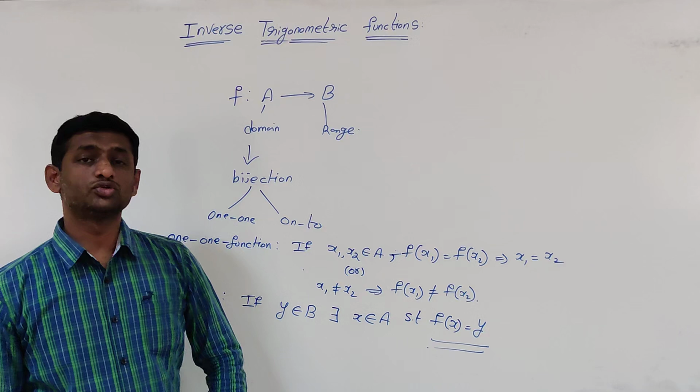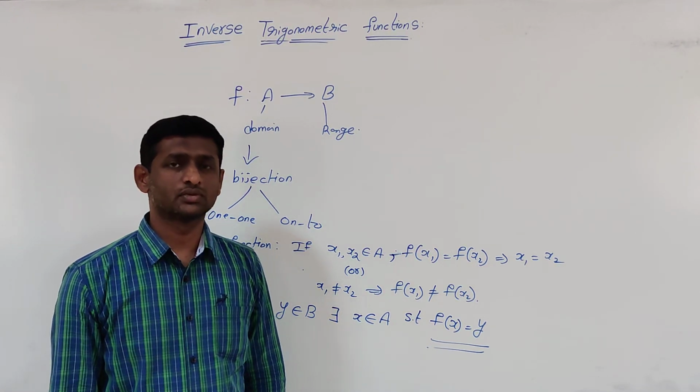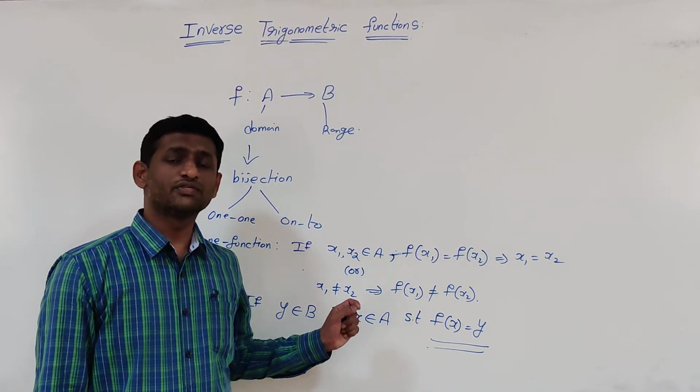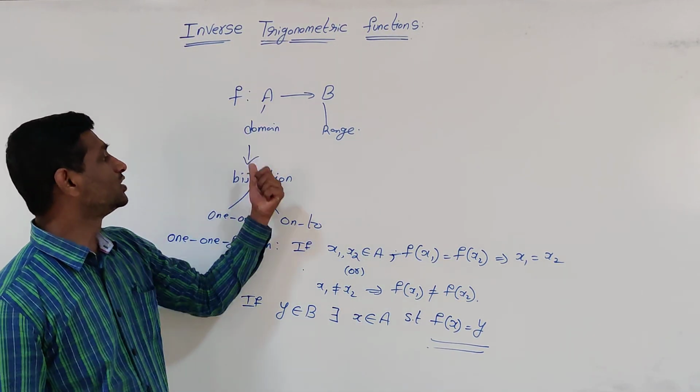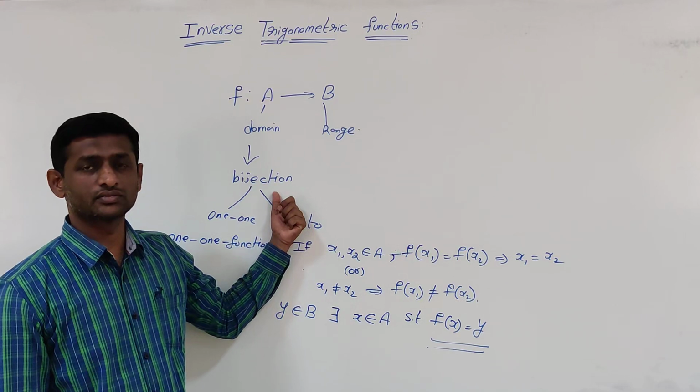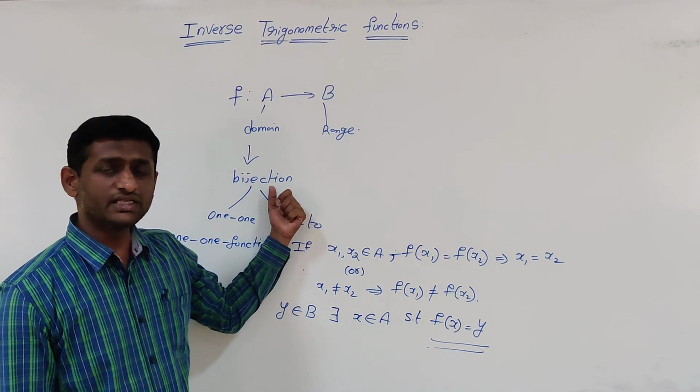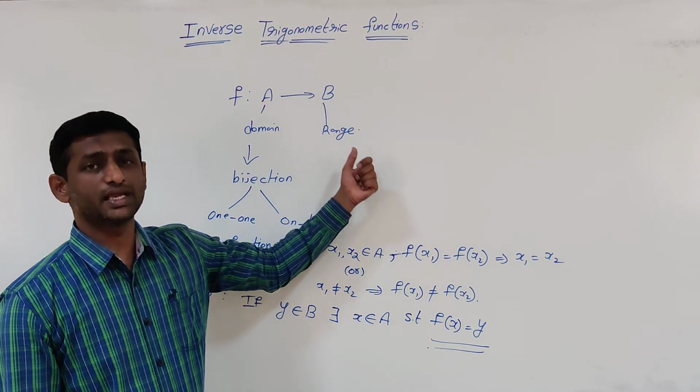Then that function is said to be an onto function. So if f is both one-one and onto, then this function is said to be a bijection. If it is a bijection, then the inverse exists.